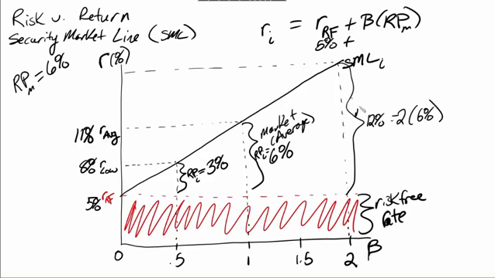Our risk premium on a beta of 2 is 12%. So we have our 12% plus the 5% risk-free rate, which means the rate of return on a high risk stock is going to be 17%.